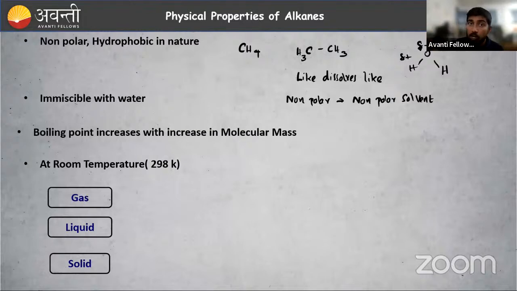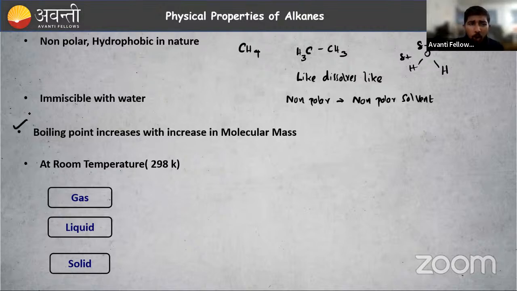Water is polar, our alkanes are non-polar. So non-polar dissolves in non-polar solvent. In alcohol we can dissolve that, in ether we can dissolve that, but not in water. So it is hydrophobic. These alkanes fear water. Hydrophobic, phobia means fear of water. Poor guy, right? Alkanes are immiscible with water.